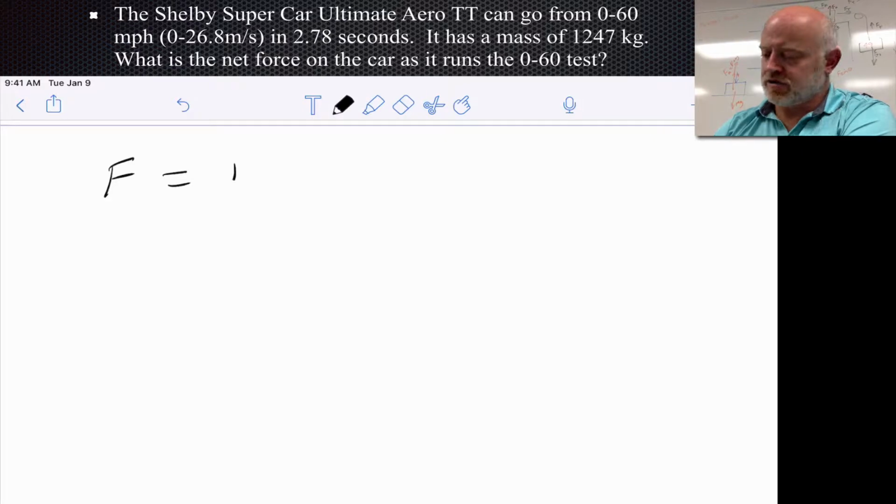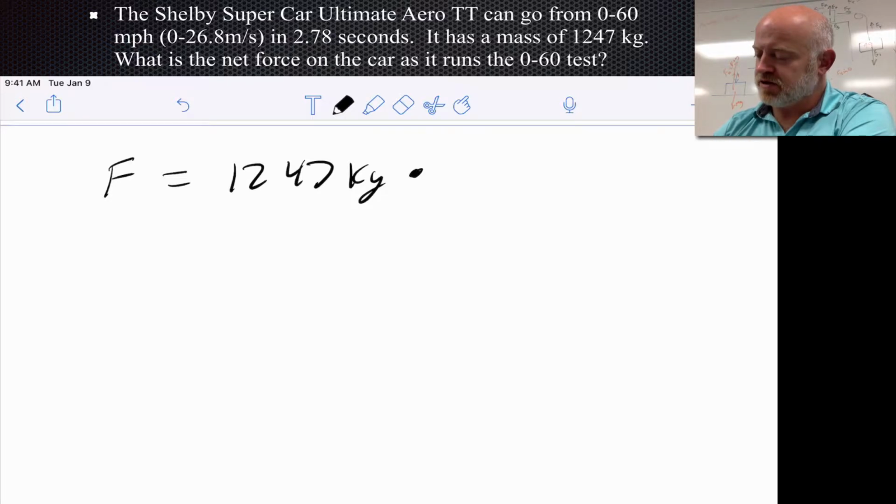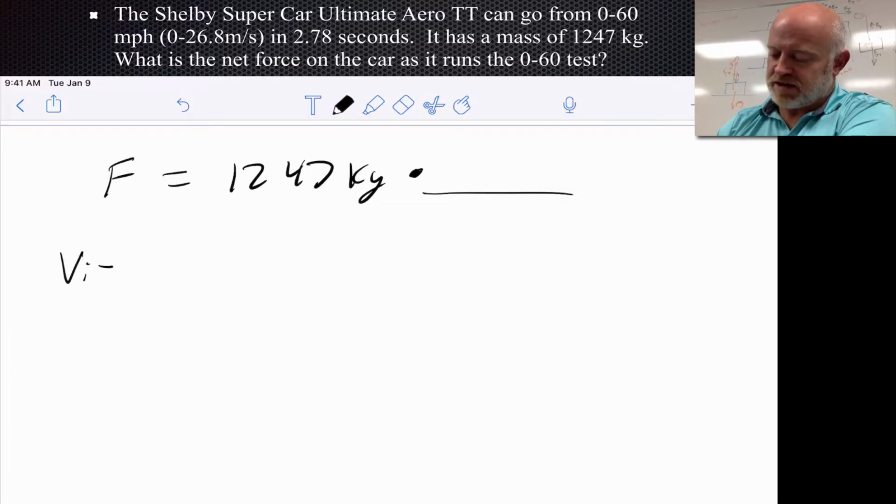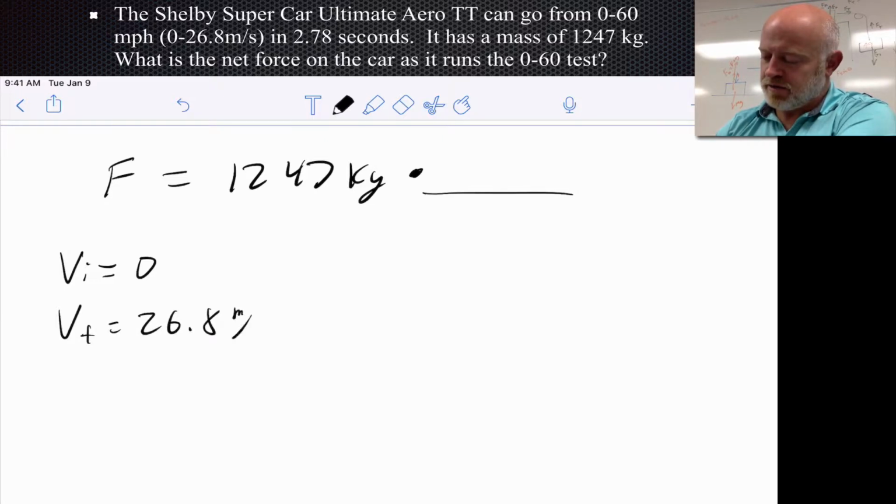We know the mass is 1247 kilograms. We don't know the acceleration though, so we're missing this piece of the puzzle. However, we are given that it goes from rest, so our initial velocity is 0. Our final velocity is 26.8 meters per second, or 60 miles per hour.